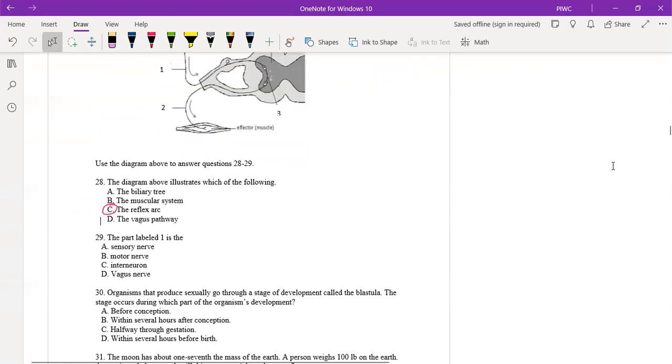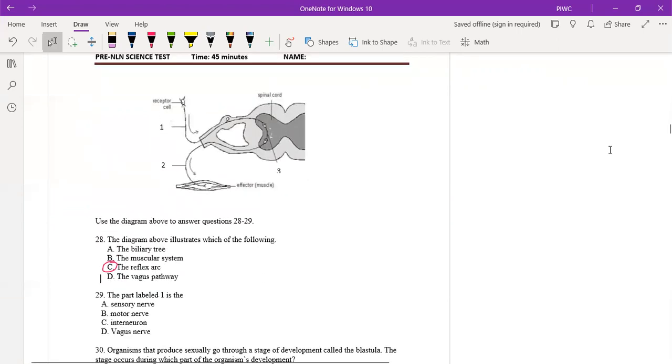The part labeled 1 is A, sensory nerve; B, motor nerve; C, interneuron; and D, vagus nerve. So that's from the receptor cell, coming in here. It's a sensory nerve or the afferent.